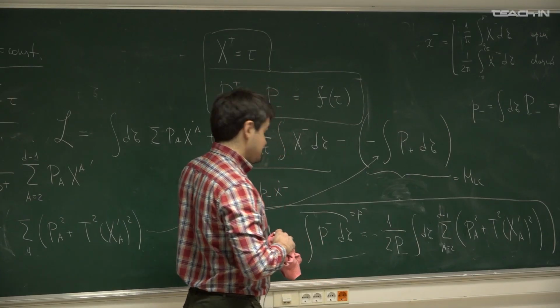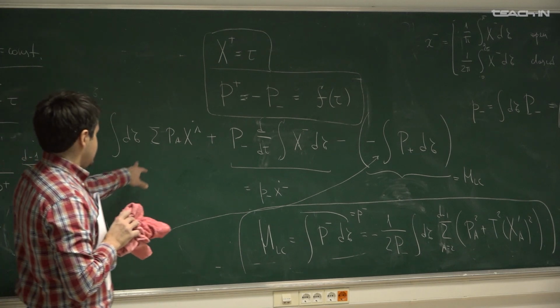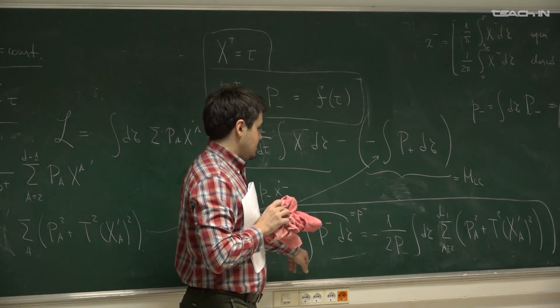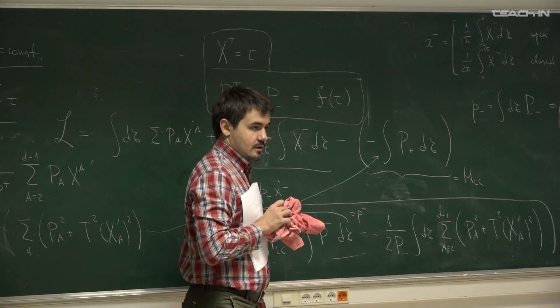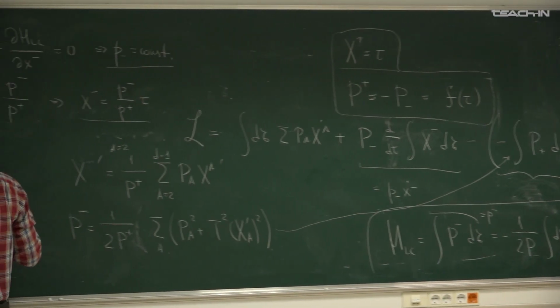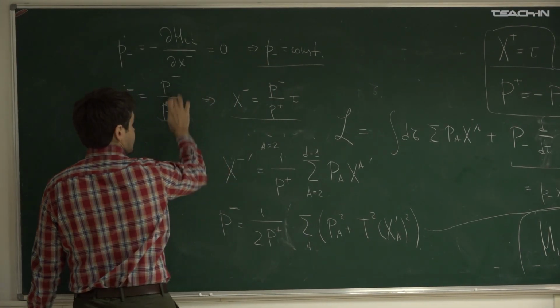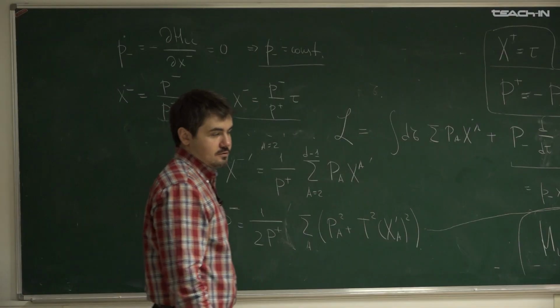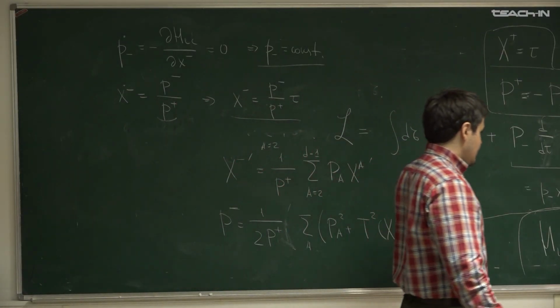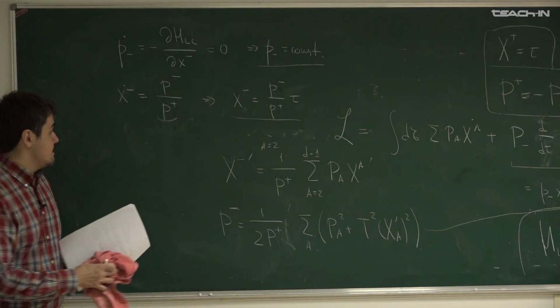Okay. Just think about it again as mechanics. This is the Hamiltonian. There's no explicit time dependence, right? So this guy is a constant because of this, and this guy is a constant because it's a Hamiltonian. That's good.